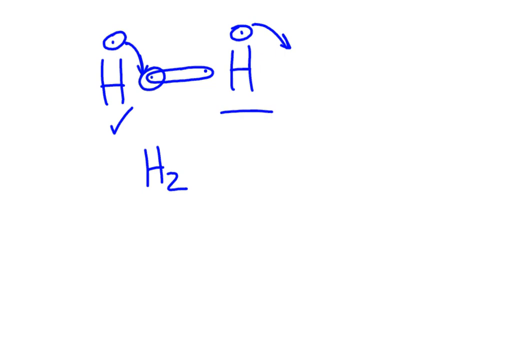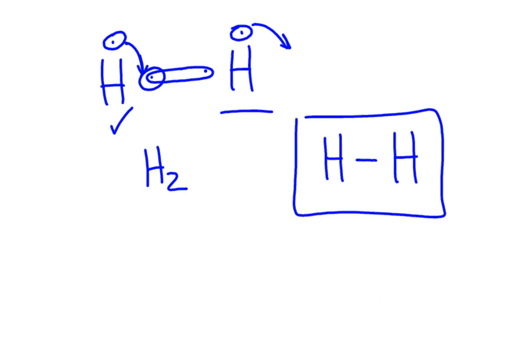Essentially these two atoms of hydrogen are sharing their electrons, and we call the sharing of electrons a covalent bond. I'm going to indicate a covalent bond with a line, like so. This would be hydrogen gas, or what we call diatomic hydrogen, di meaning two.